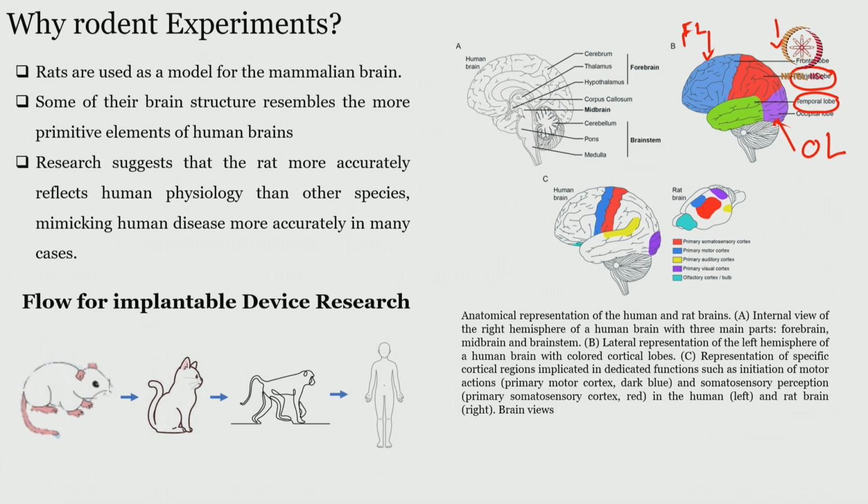Frontal lobe, parietal lobe, temporal lobe and occipital lobe. This we are talking about the human brain.